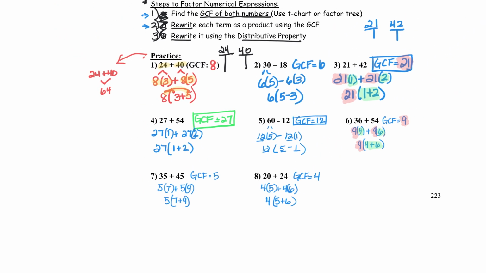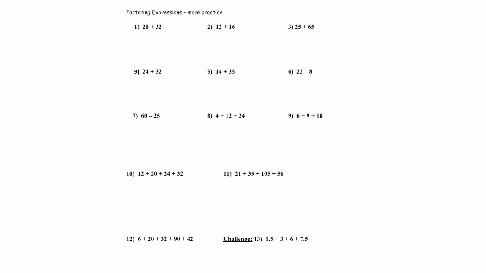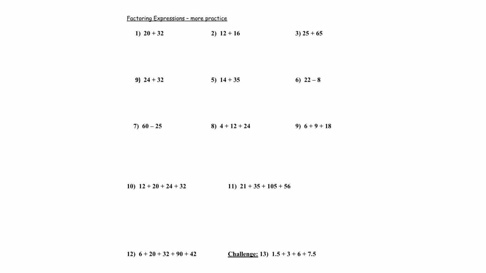Let's take a look and see what's on the next page. So this is going to be your homework page. You're going to complete each one. You're going to find the GCF for each one. So even right away next to each problem, you can go ahead and write GCF for each one.